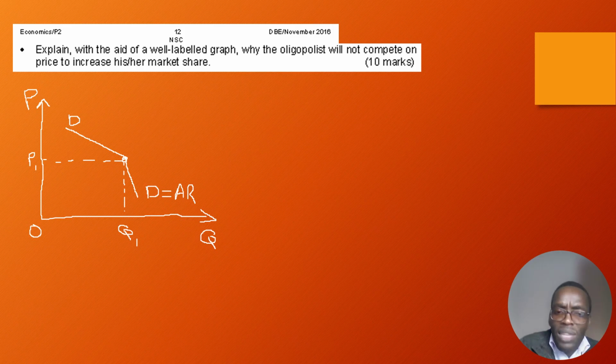Now if they decide to increase their price, it means they are going to sell at a price that is higher than P1. If they decide to increase their price from P1 to that level, which I'm going to call P2, it means the quantity that is going to be sold by this firm is going to go down to probably Q2.